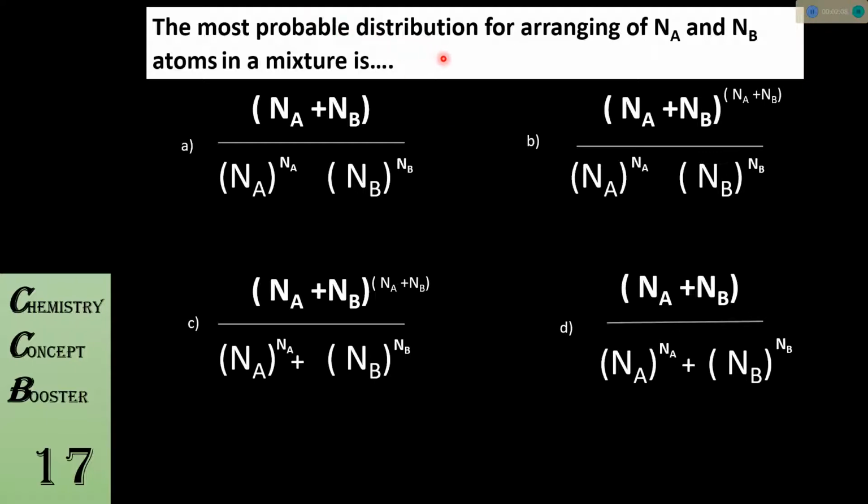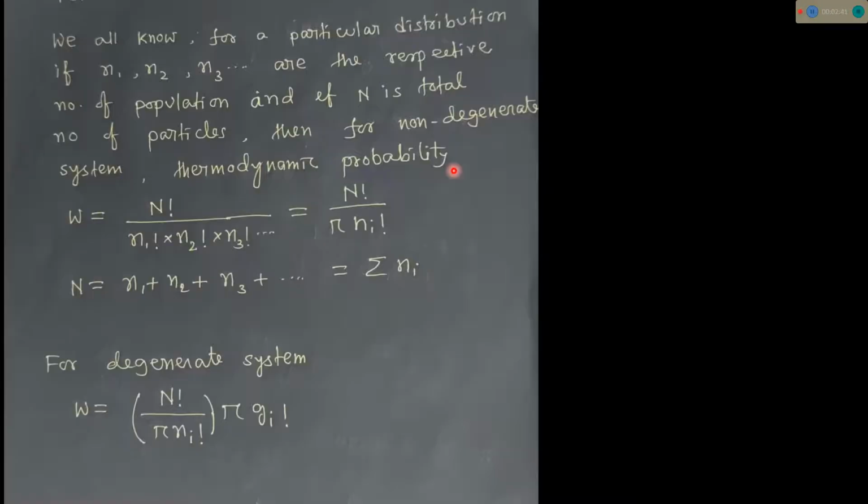So in this question we have to find out W. Let's see the answer and discuss some concepts from statistical thermodynamics. In the question, two types of atoms or molecules are given, Na and Nb, and we have to find W, that is, the thermodynamic probability.